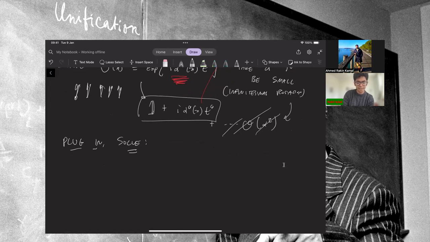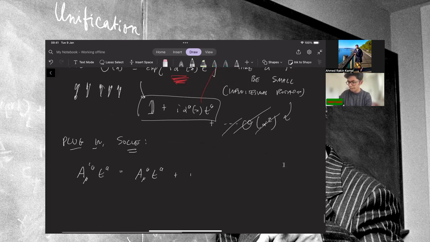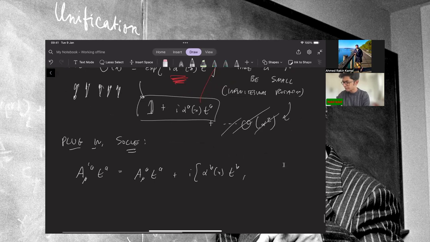Then what you find is that you get something like this. You get that a mu prime a ta equals a mu a ta plus, and now here's an interesting thing that happens. The terms assemble so that you get something like this. There's a term involving ta and tb, involving the commutator of these two matrices.